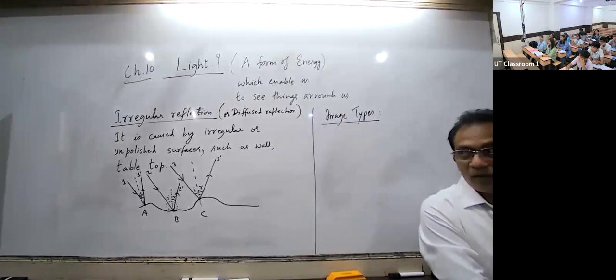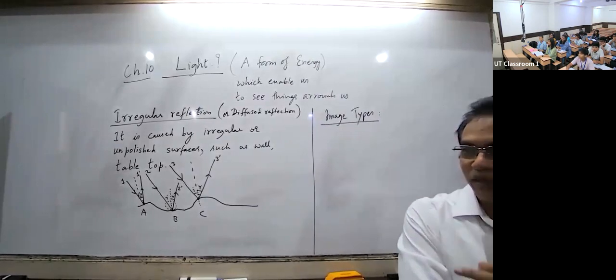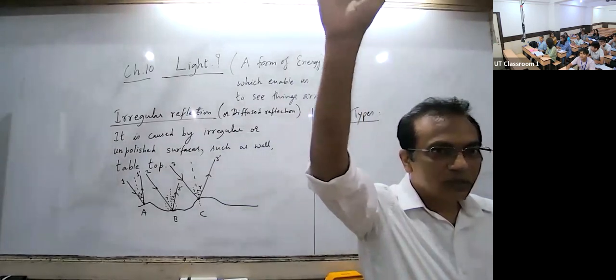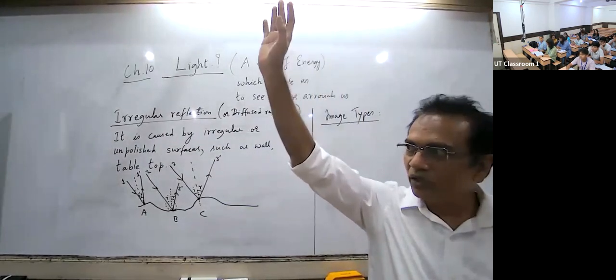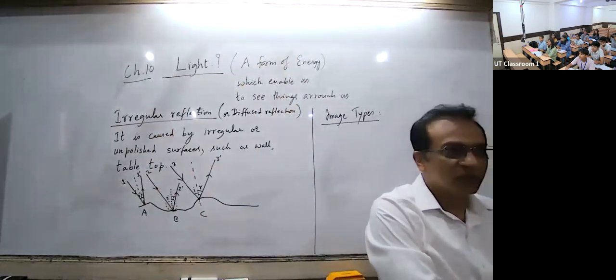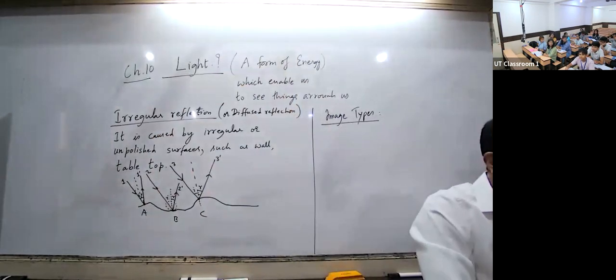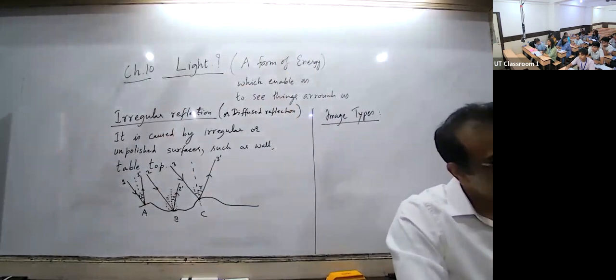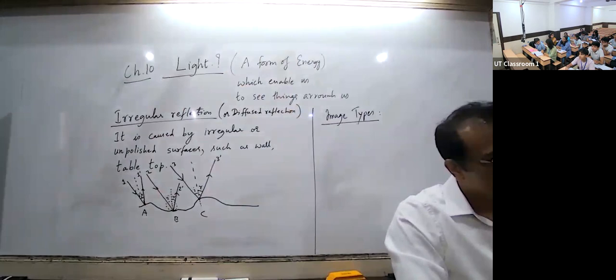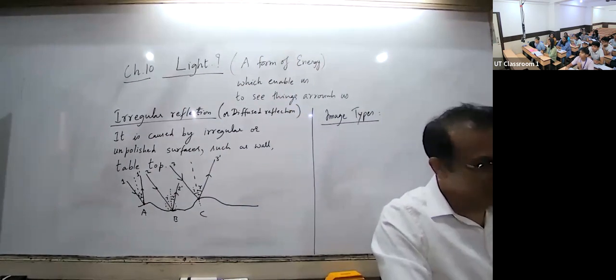How many of you say real and how many say virtual? Raise your hands. So everybody is for virtual. What is a virtual image and what is a real image? Virtual is the image where the light appears to meet behind the mirror.